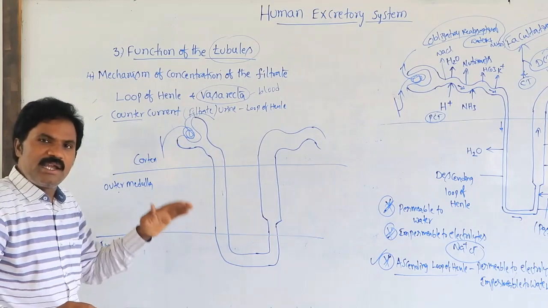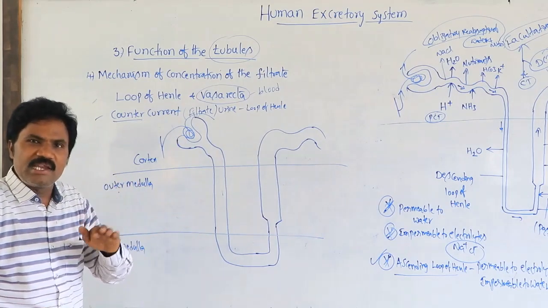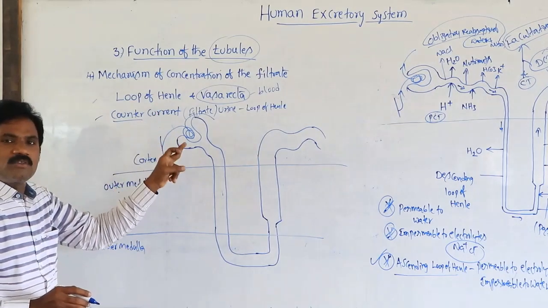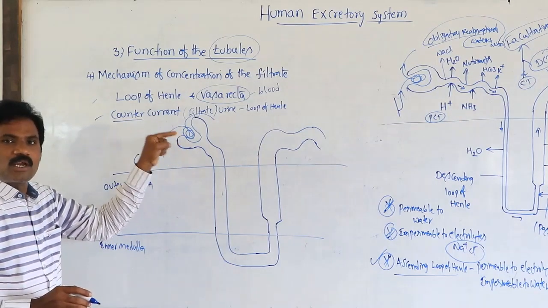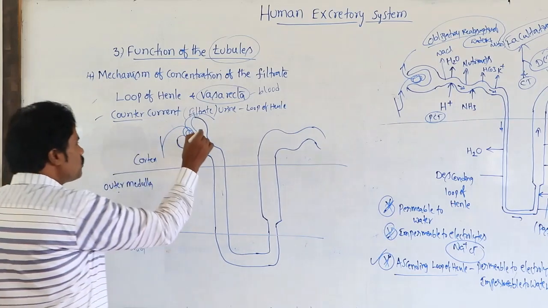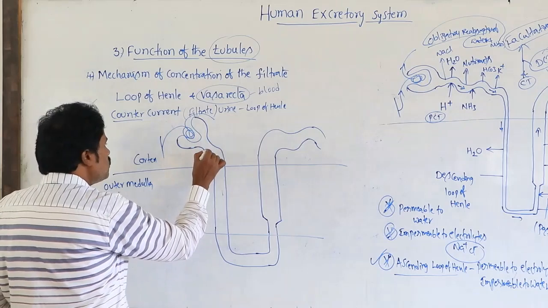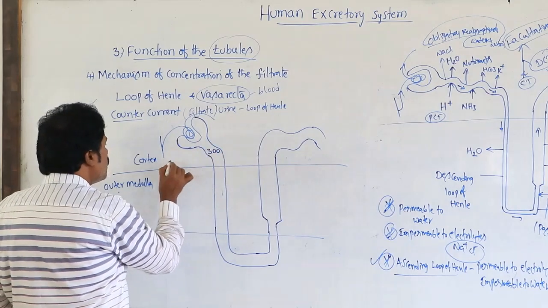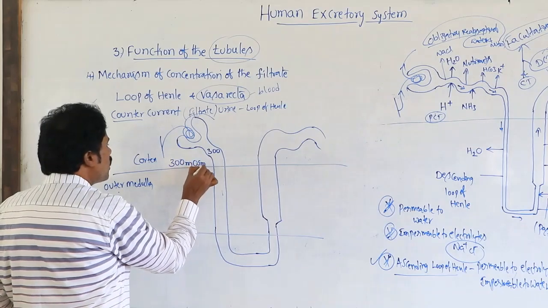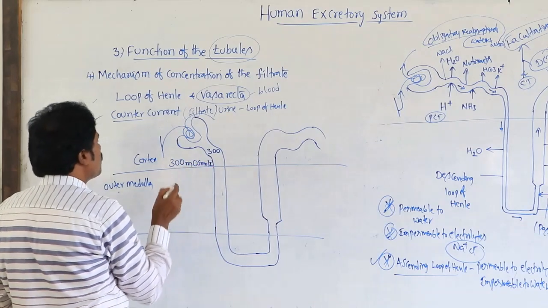The medullary interstitium increases its concentration. Normally, we represent the concentration level of normal blood in the PCT as 300 milliosmolarity per liter.